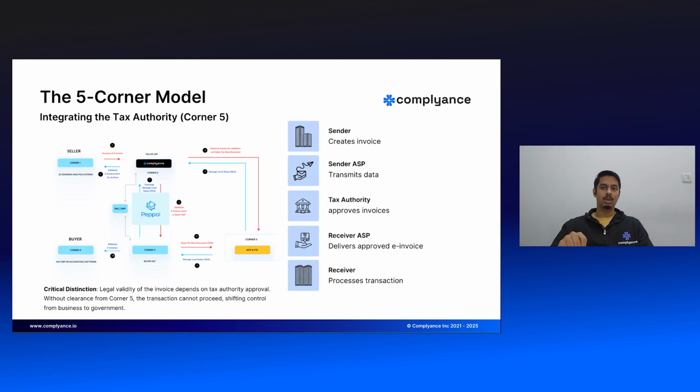After they receive the cleared and verified data, they send it through the PayPal network to the buyer's access point or buyer's service provider. This buyer's service provider converts it to the buyer-favorable format and sends it to their software or ERP directly. This is the simple structure of the five corner e-invoicing model.